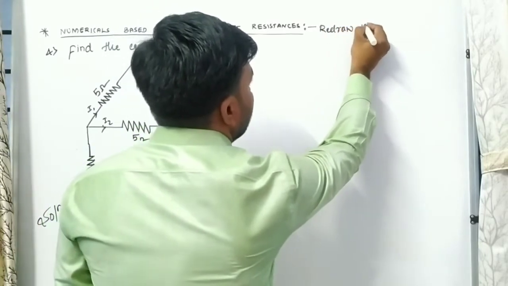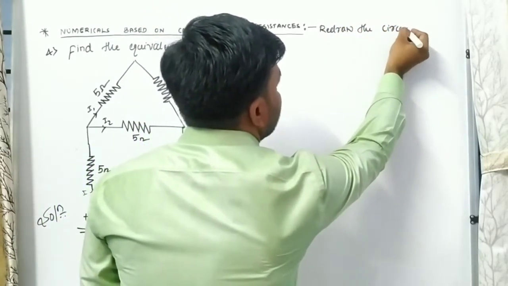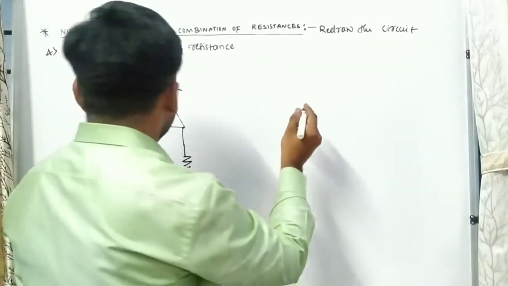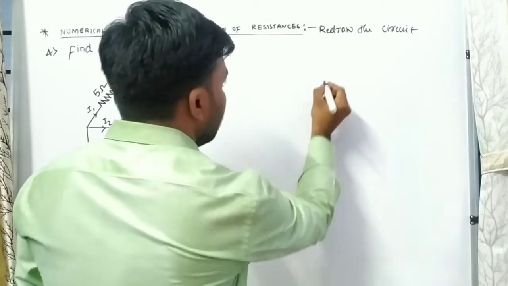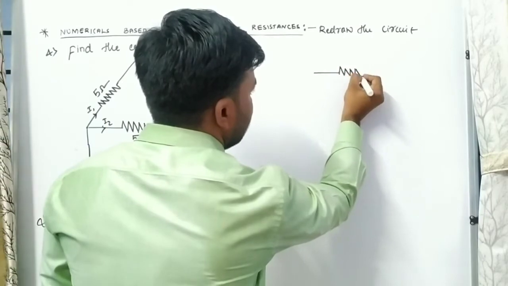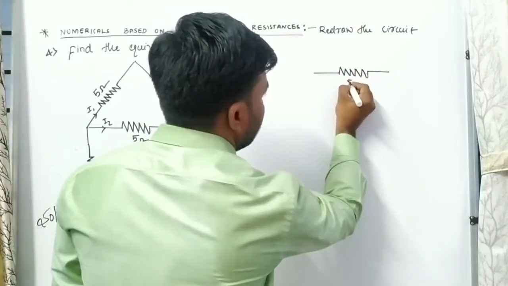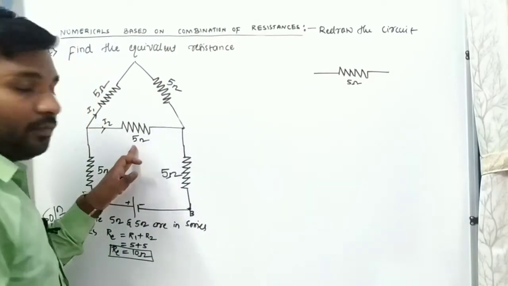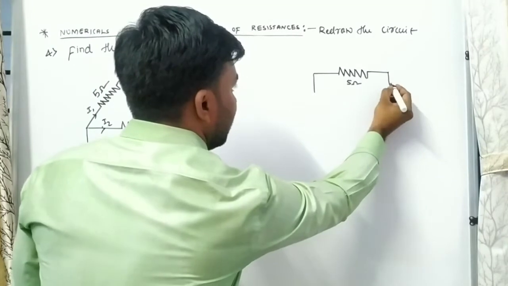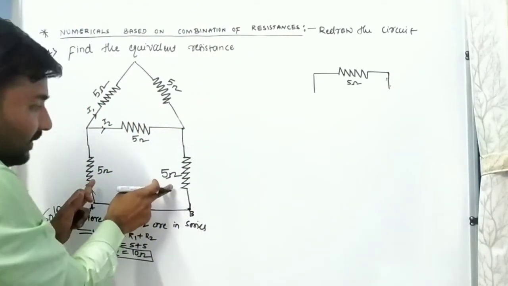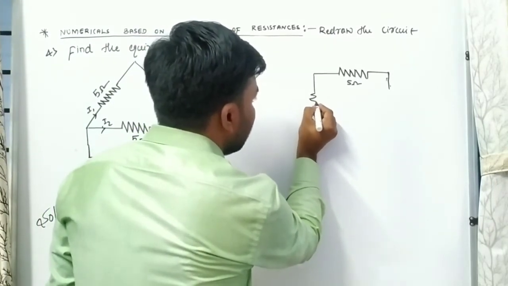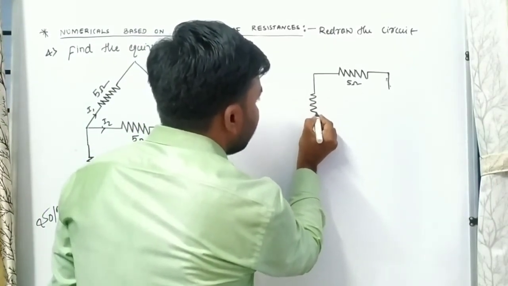Redraw the circuit. Here the resistance, this 5 ohm I will keep as it is. And whatever these 2 resistors are there, I will keep as it is.